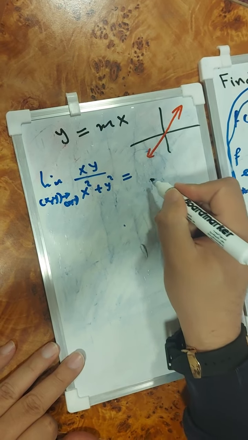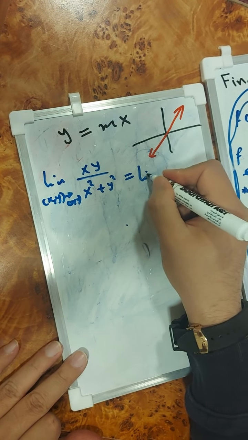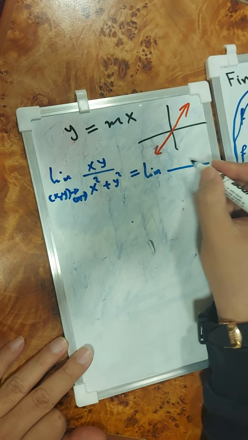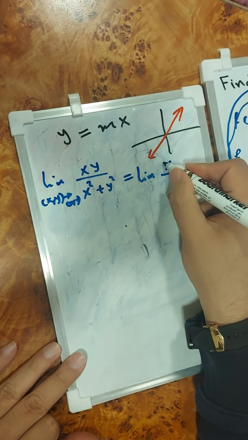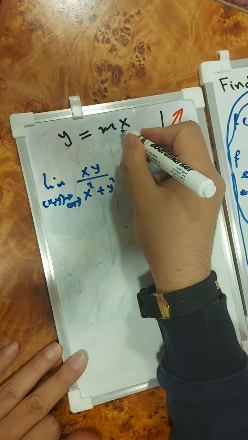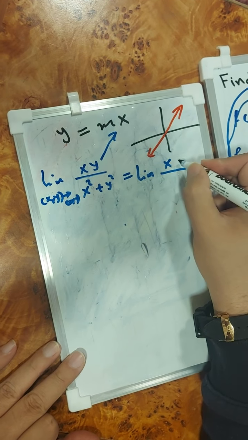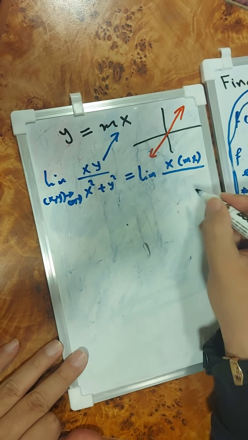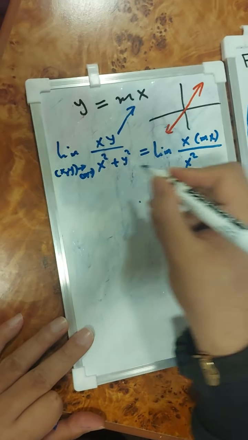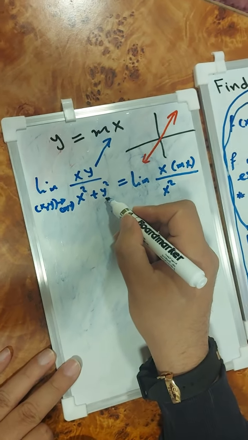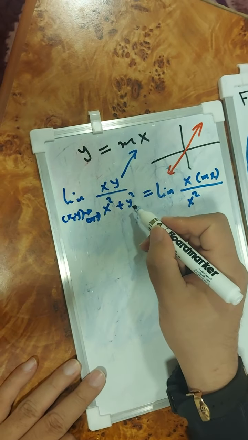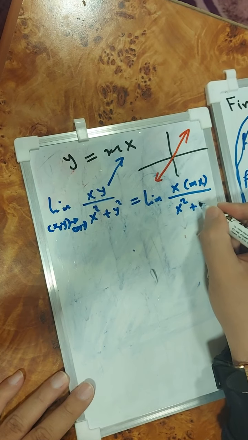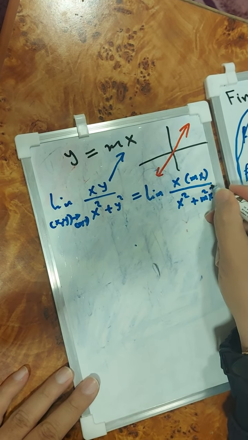Now use the substitution: x as it is, and we will replace y by mx. So y multiply mx over x squared as it is, and we also replace y squared by m squared x squared.